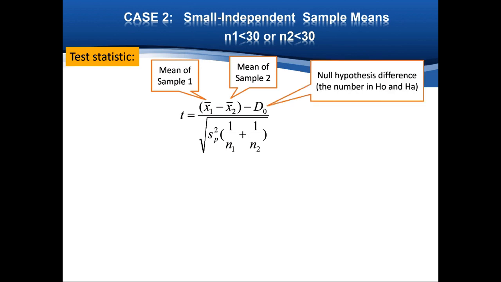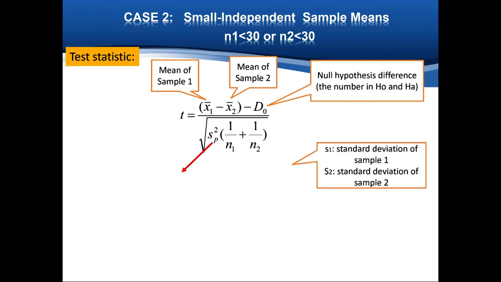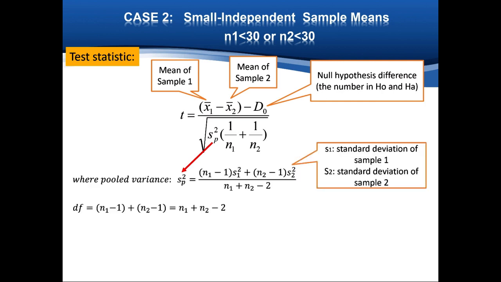D0 is the null hypothesis difference, which is the number in H0 and HA. SP squared is called the pooled variance, as this. Note that the degree of freedom is N1 minus 1 plus N2 minus 1, so it is N1 plus N2 minus 2.